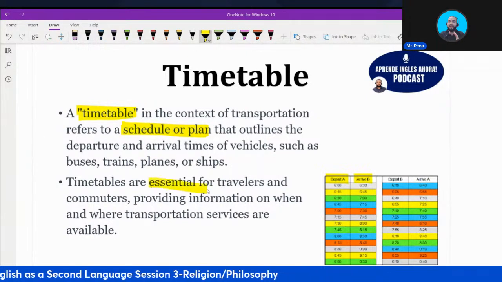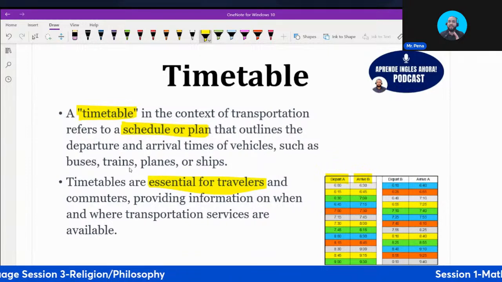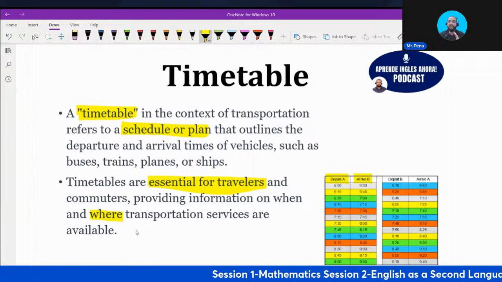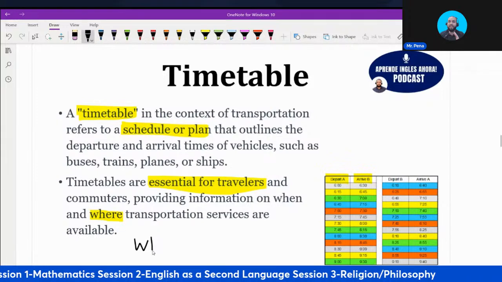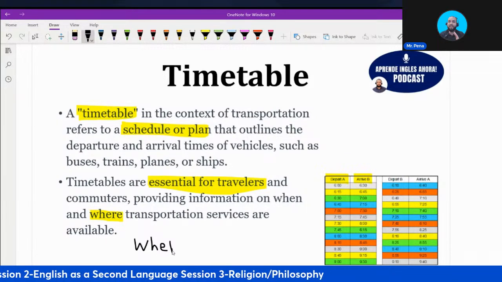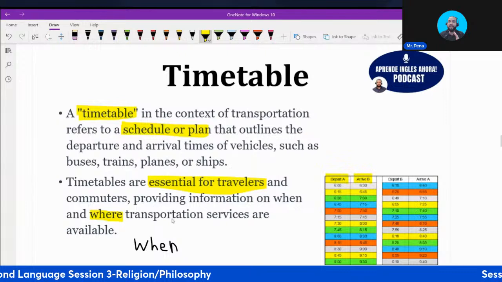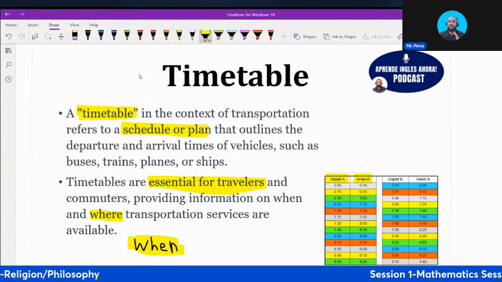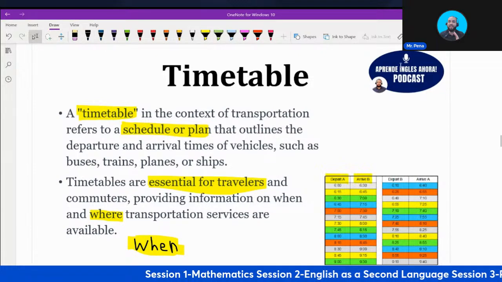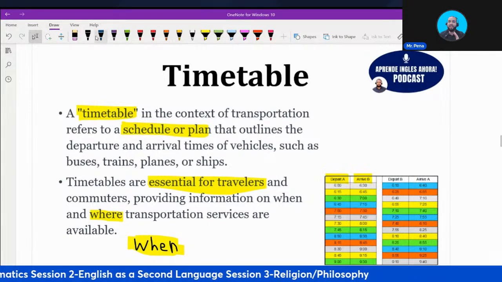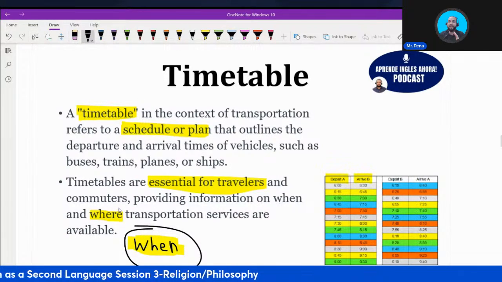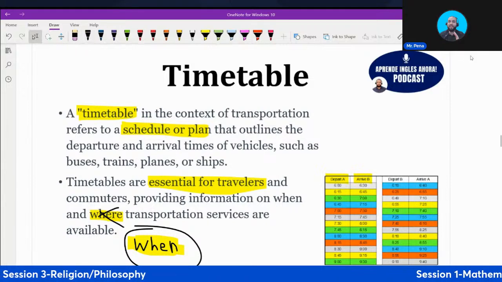Timetables are essential for travelers and commuters. It provides information on where the transportation services are available, and when they are available. Not just where, but when as well. This tells us the essential information we need to know in order to get from point A to point B, and when. It's really mostly about when. It's not so much about where. So I want to take that out.